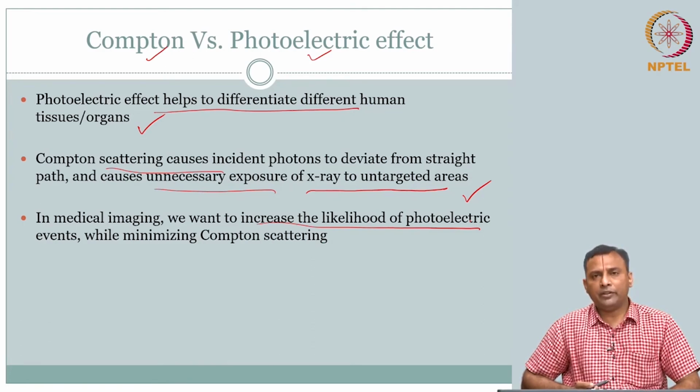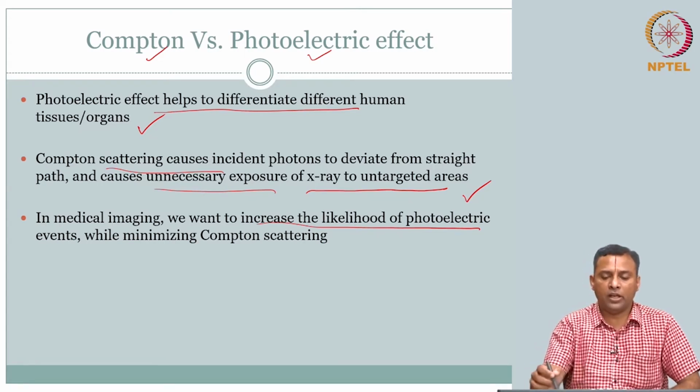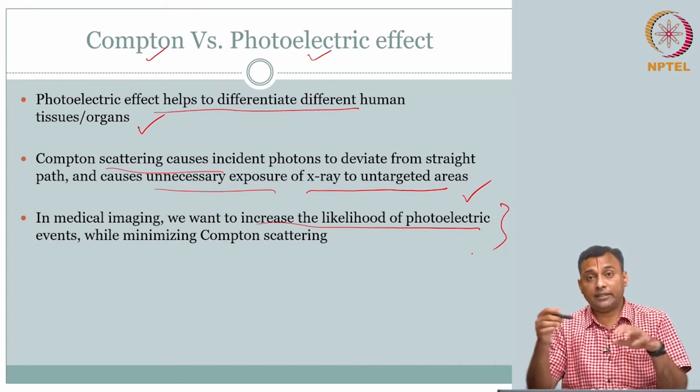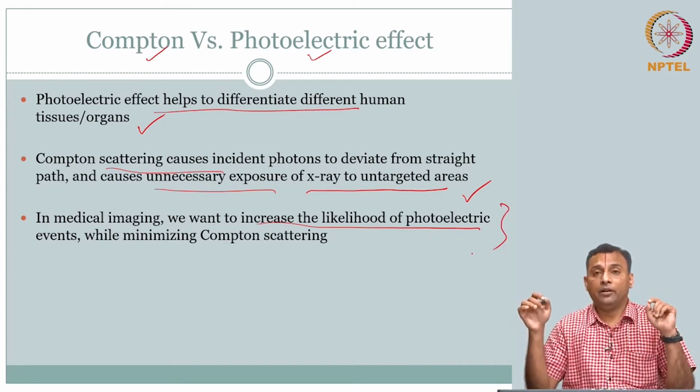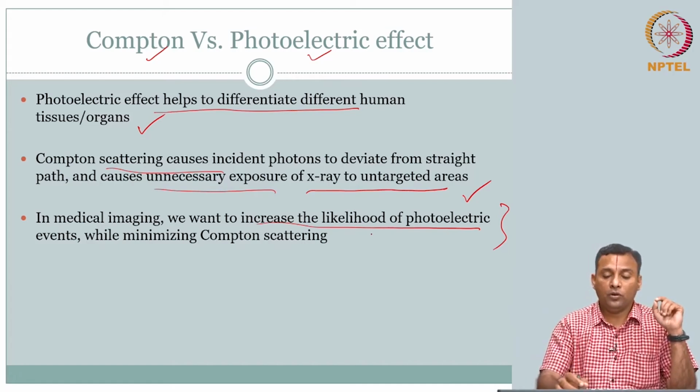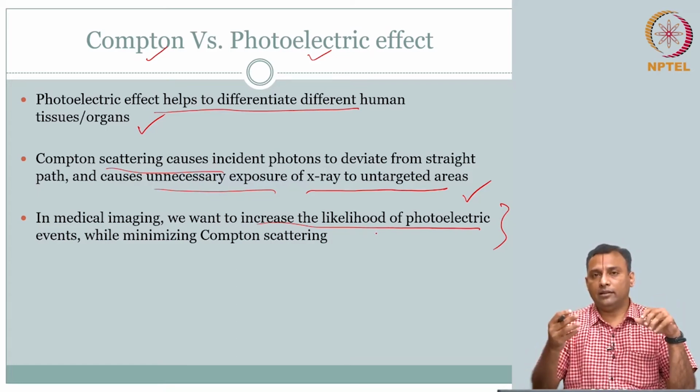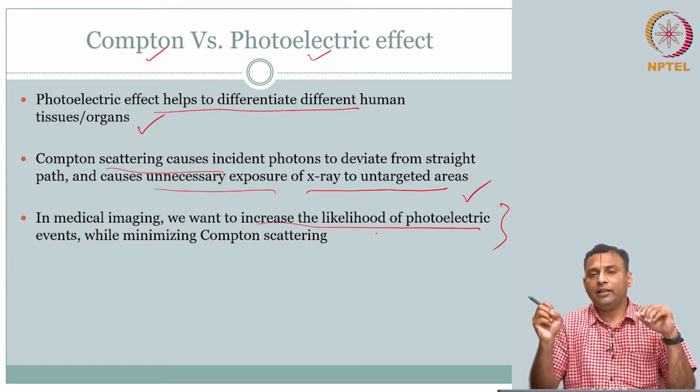It is very intuitive. Let us take an example: how do I engineer this? Now that we have this knowledge, how do I exploit it? The simplest case: what happens if I know how to increase the likelihood of photoelectric events? That means I want the photons to get absorbed by the Coulomb cloud, the atom cloud.